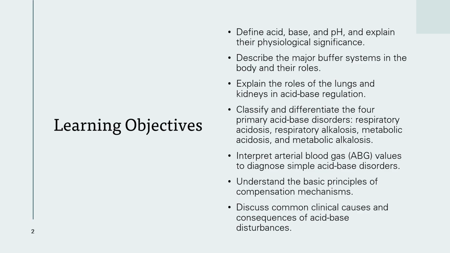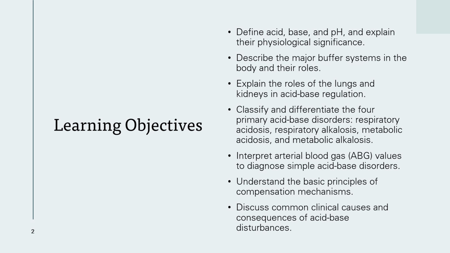This is acid-base balance as well as disturbances. So we need to define acid, base, and pH, especially the definition of acid as a proton donor and base as a proton acceptor. Those definitions are based on the Bronsted-Lowry definition, so we'll be using that specific definition for acids and bases from here on.